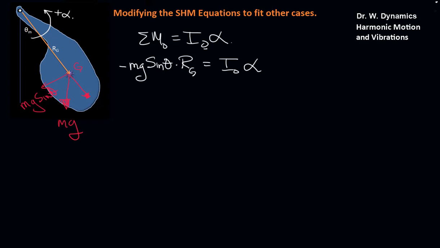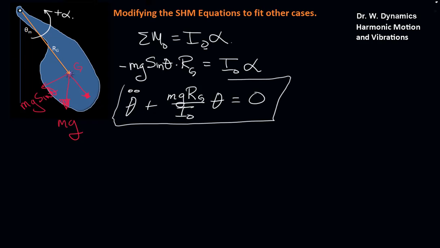And our form will be then theta double dot plus m g r_G on I_O, theta equals 0. We know that we'll do this for small angles, so I'll write sine as theta. Again, just forcing this into the characteristic equation, and then right here is our omega squared.